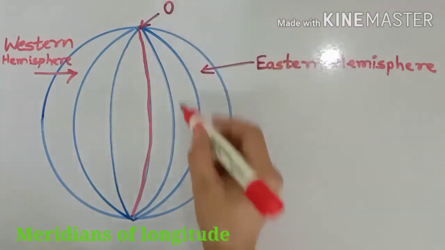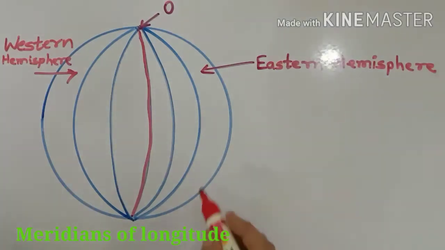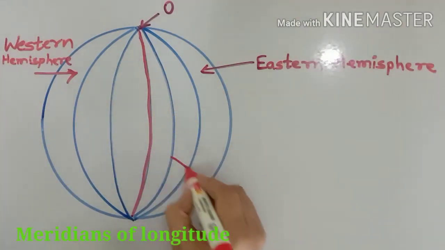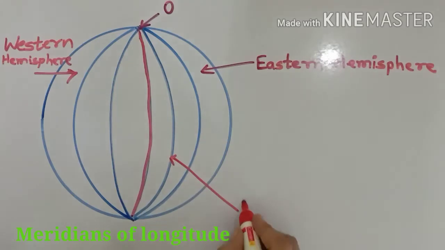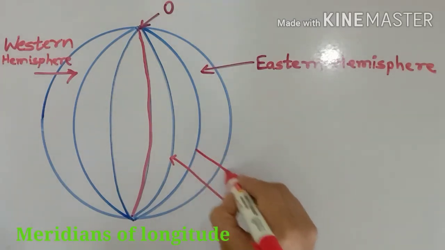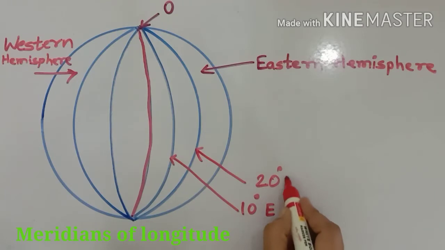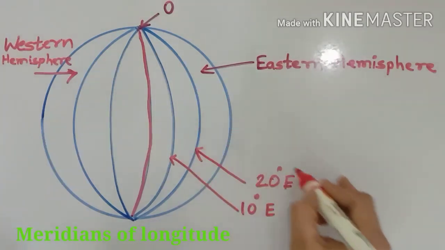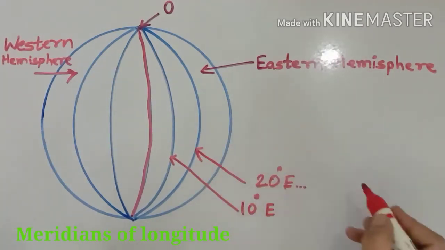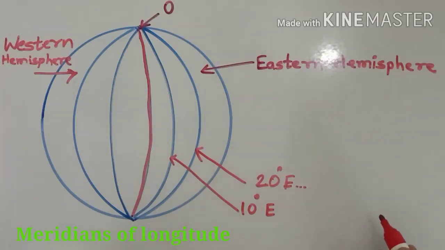Now let's see how to name in Eastern Hemisphere all the meridians. Here we can name it as 10 degree east. Then here 20 degree east, and so on, like 30 degree east, 40 degree east, 50 degree east, till 179 degree east.